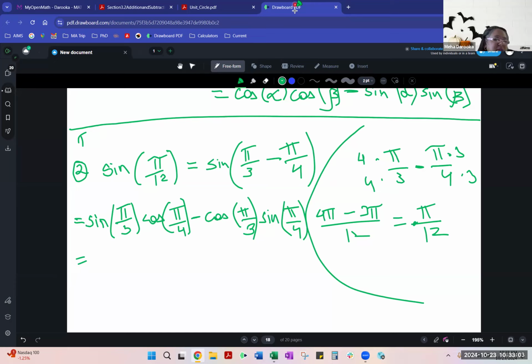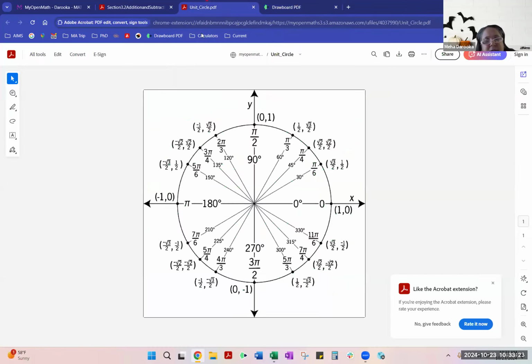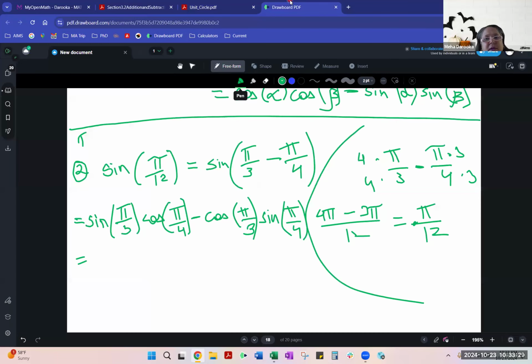So what coordinates will you have for sine of pi over 3 and, well, sine and cosine of pi over 4? So just to show you, pi over 3 and pi over 4, of course, are going to be these two angles over here.